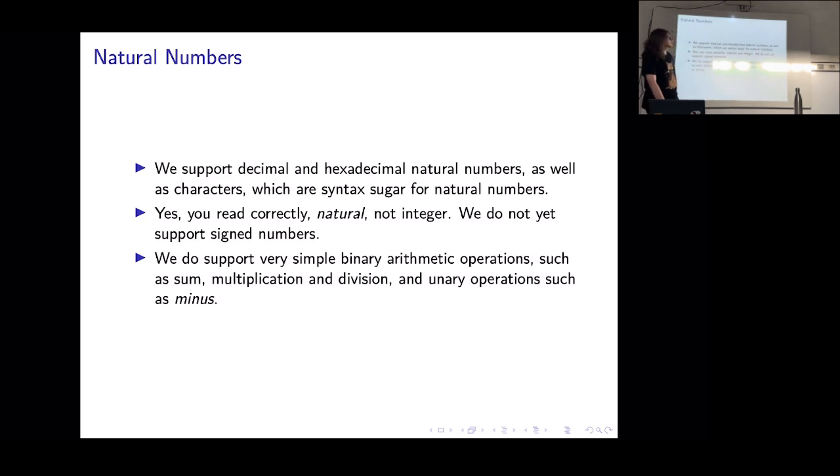For natural numbers, since we need to interface with low-level components, we support decimal, because why not? And we also support hexadecimal, because it's much more convenient to handle low-level bytes with hexadecimal. Otherwise, you have to keep a calculator when you're writing code.